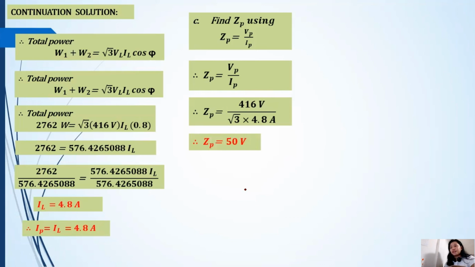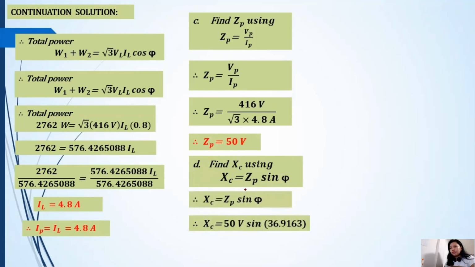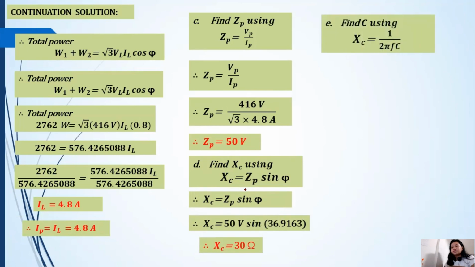So that is for the ZP. And next is finding the XC using the formula ZP times sine phi. So let's substitute. Our ZP is 50 ohms times the sine of 36.9163 degrees. And then we will have the answer, XC is equal to 30 ohms. So that is for the XC.